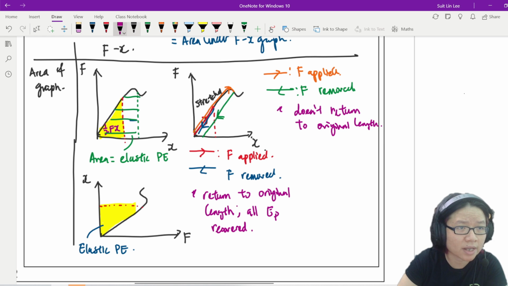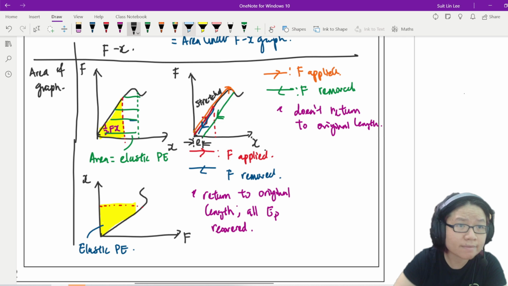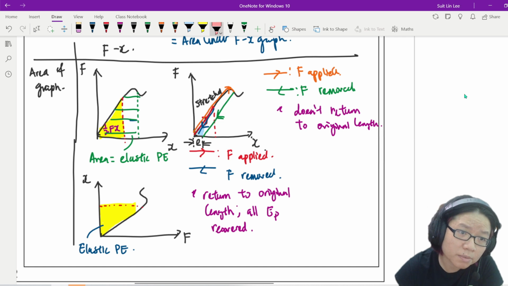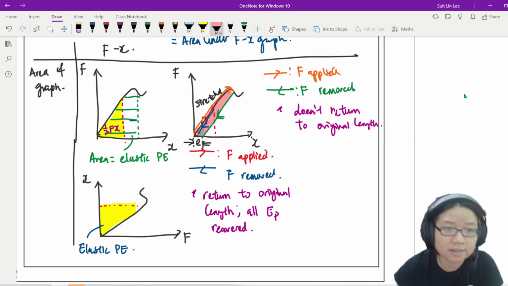And another piece of information that you can get from the graph is obviously the permanent extension. Here to here is your permanent extension. And this red color area, this is the energy lost as heat.